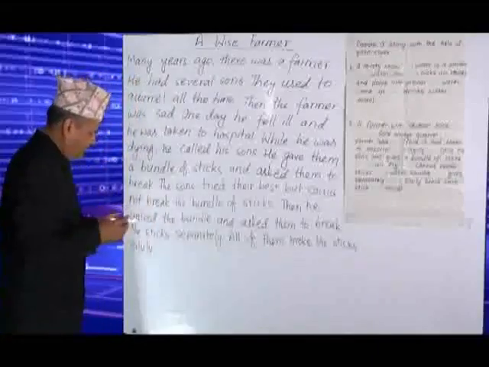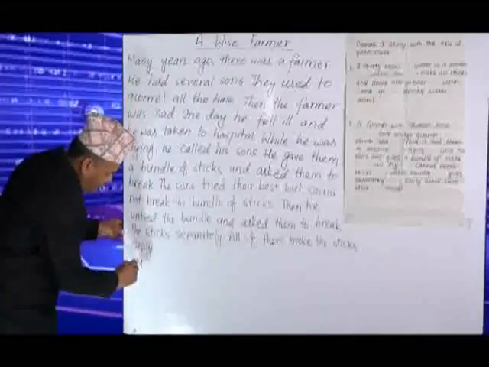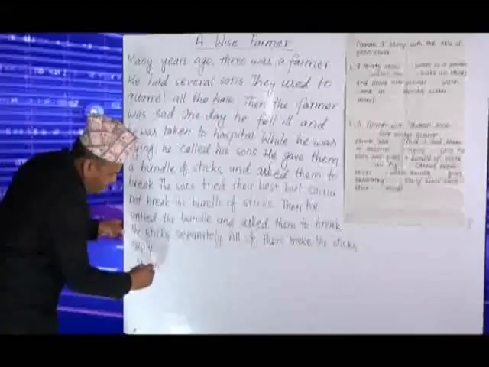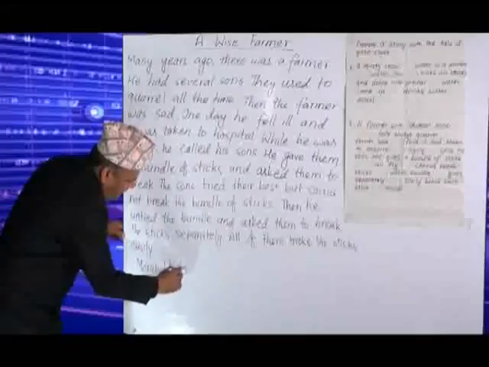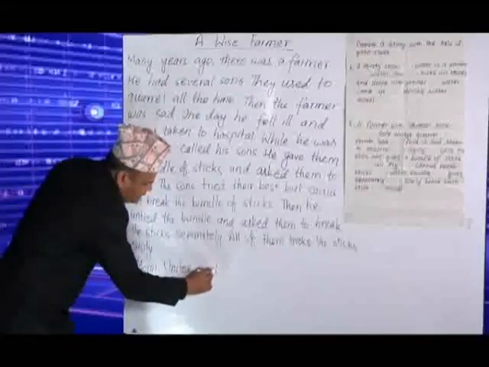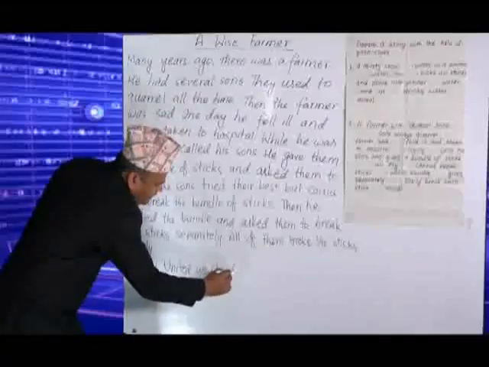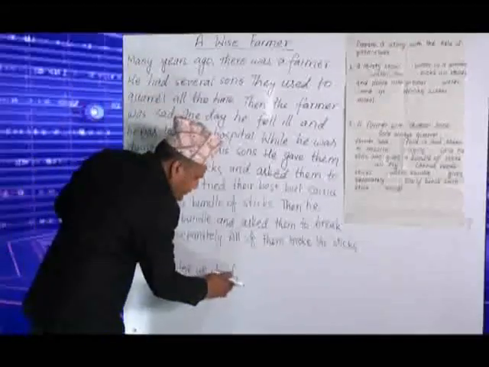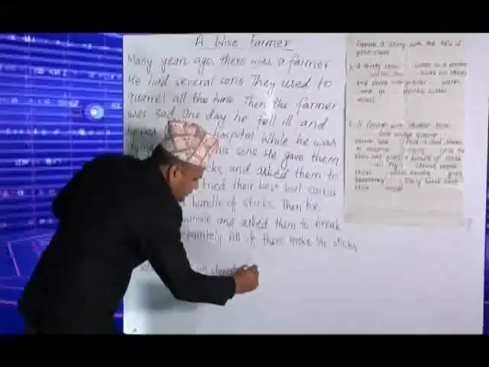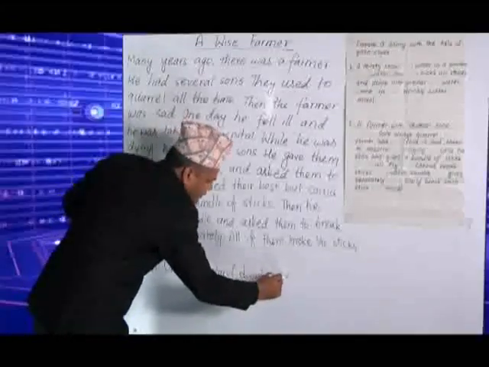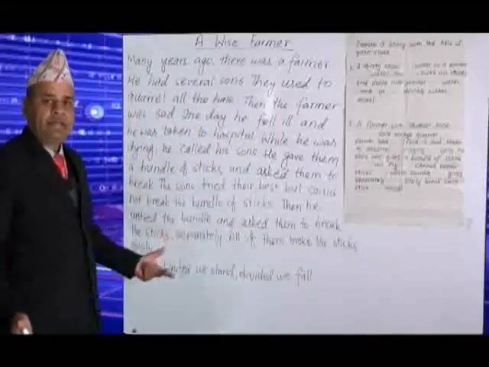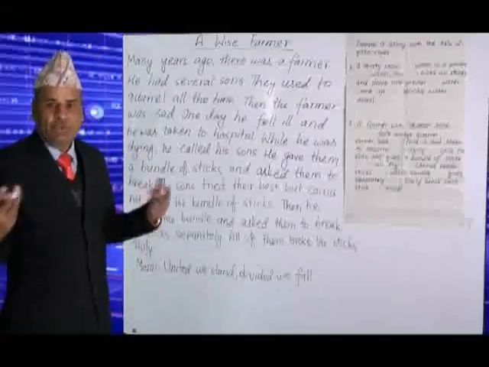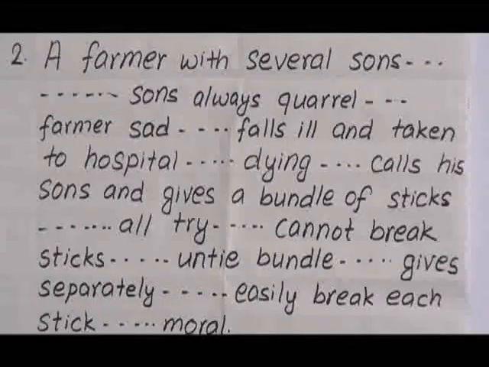So the moral lesson of the story is, united we stand, but divided, we fall. Or you can write the moral in a different way, like unity is strength or union is strength. You can write that way, right?